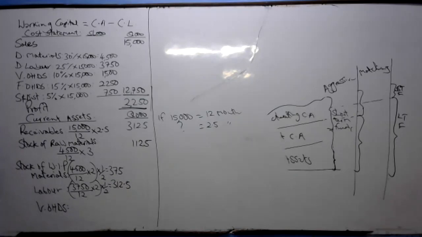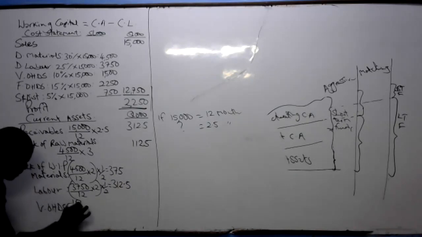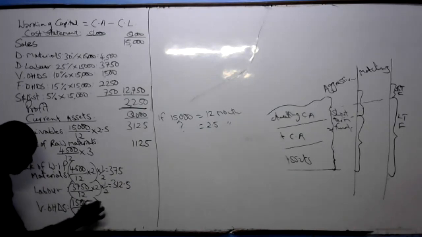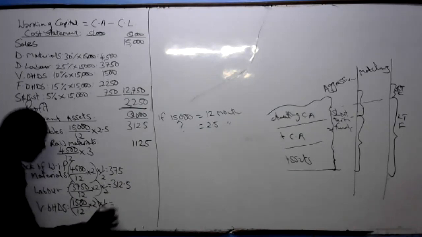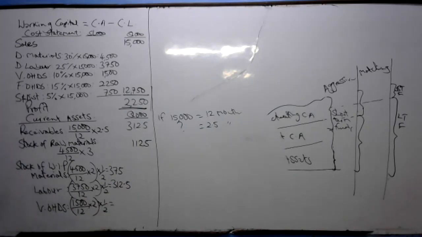Then variable overheads. Can you get variable overheads for 2 months? 1,500 divided by 12 times 2 months, but we only need a half. Giving us 125.